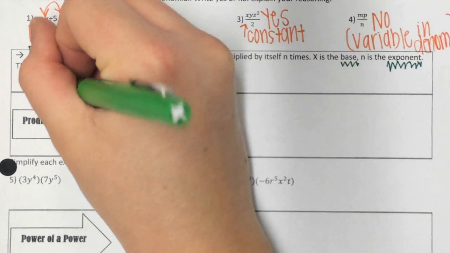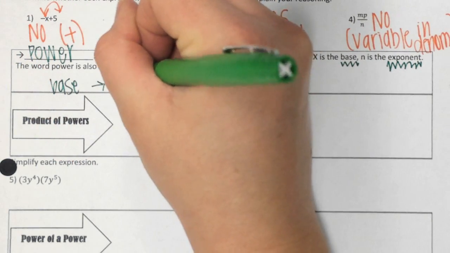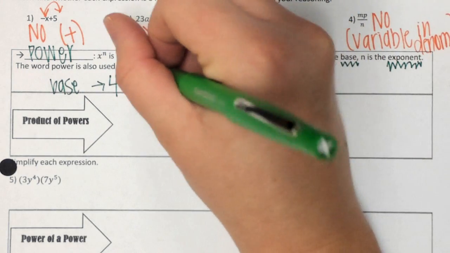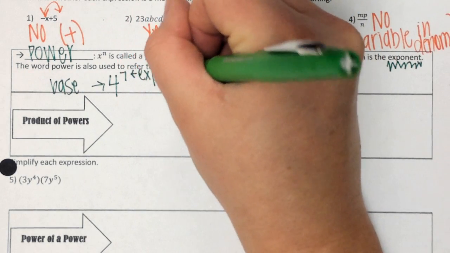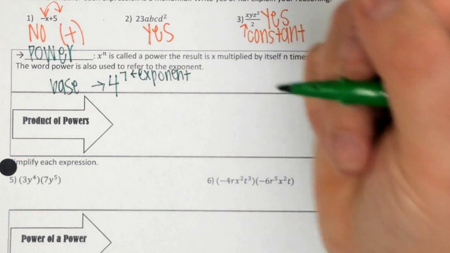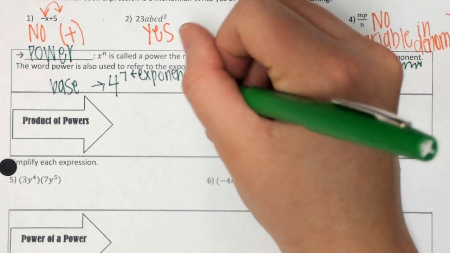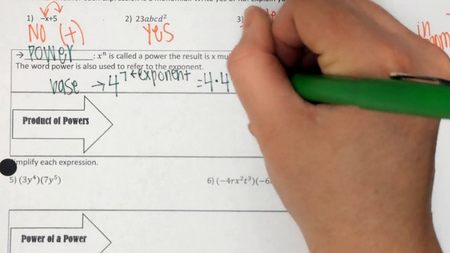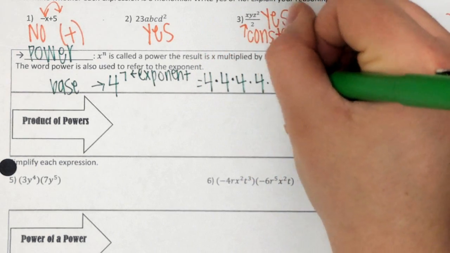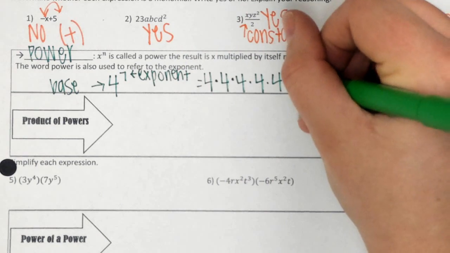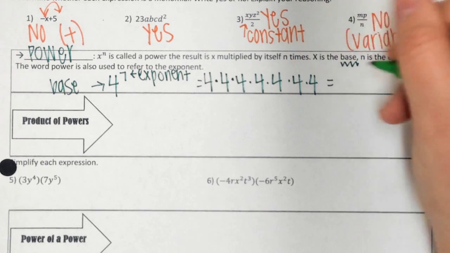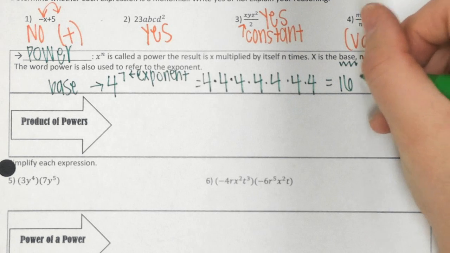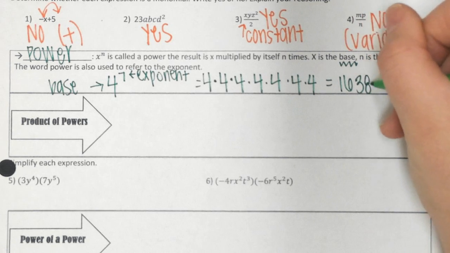The base. 7 is the power or exponent. You could call it power or you could call it exponent. So in order to determine this, we are going to multiply 4 by itself 7 times. 16,384.